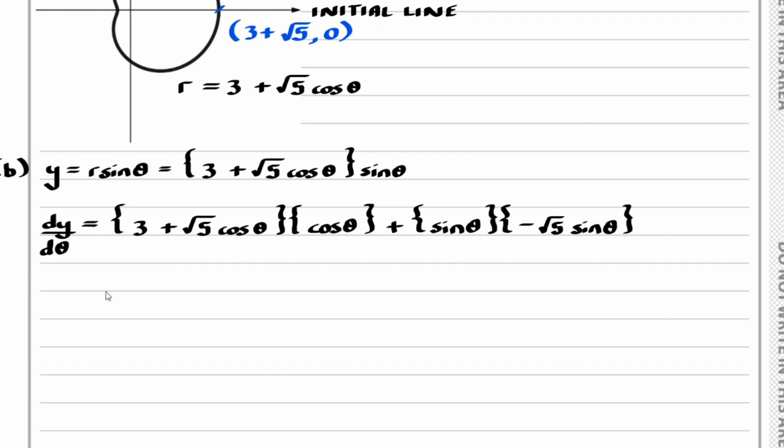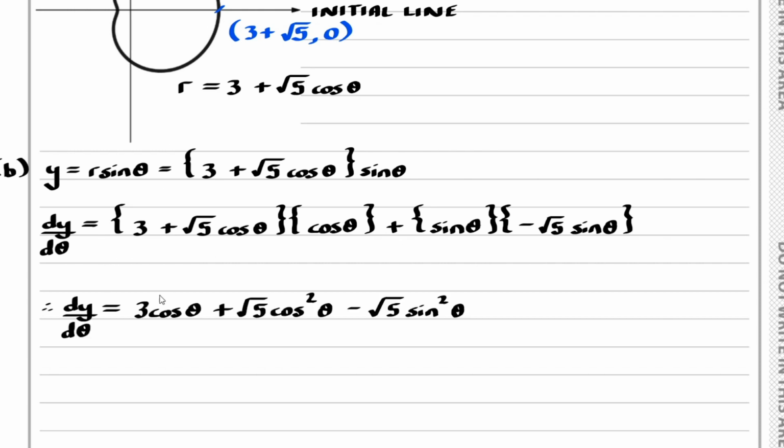And if we simplify all this, what we end up with is 3 times cos theta plus root 5 times cos theta times cos theta, which is root 5 cos squared theta, and then we have negative root 5 multiplied by sin theta multiplied by sin theta, which is negative root 5 sin squared theta.